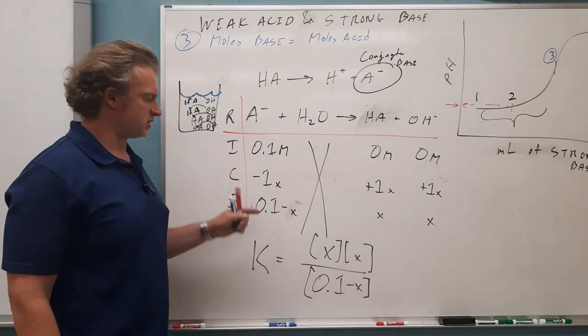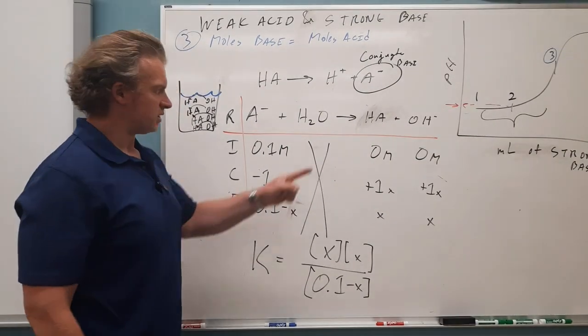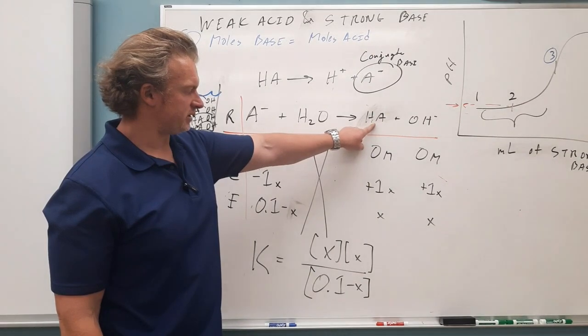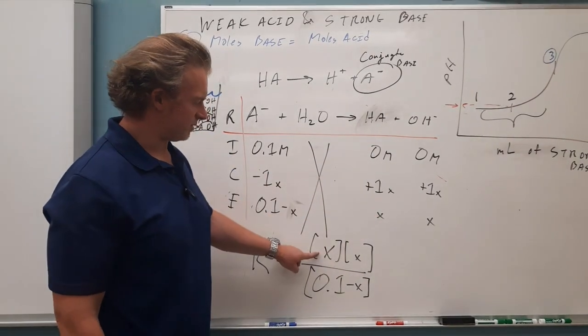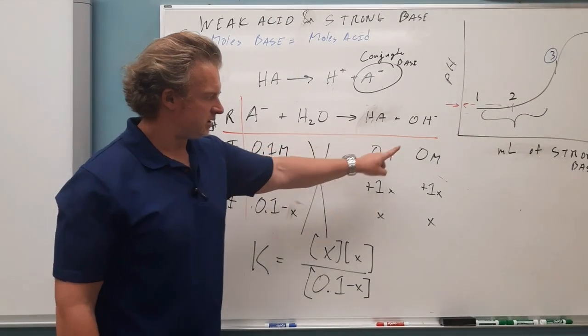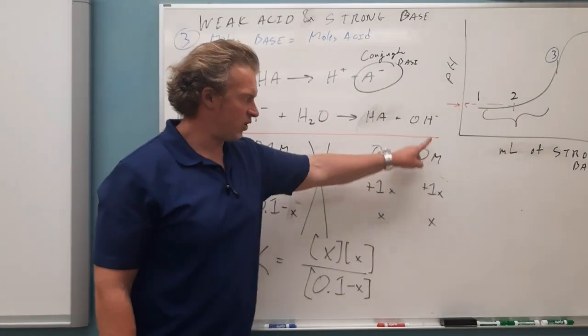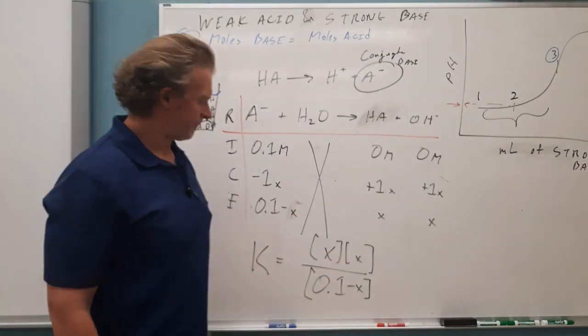Taking our E line and plugging it into where those species are, this is a product. So this x is representative of HA. This x is representative of OH minus.